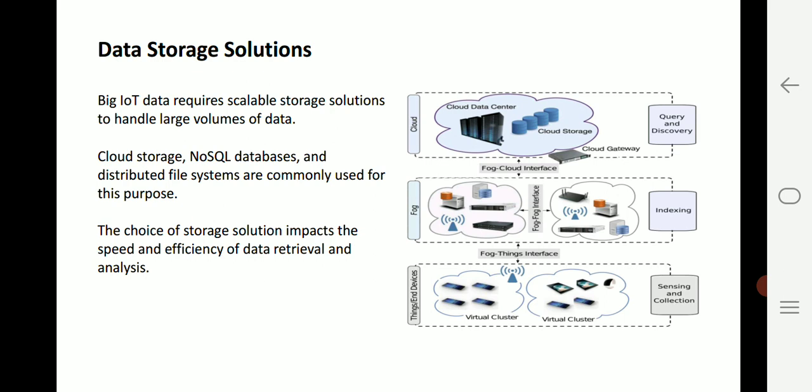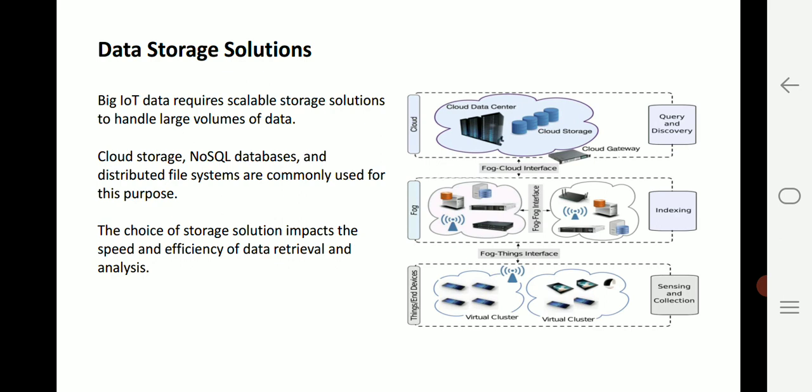So it varies based on data size. Cloud storage, NoSQL databases, and distributed file systems are commonly used for this purpose. The choice of storage solution impacts the speed and efficiency of data retrieval and analysis.